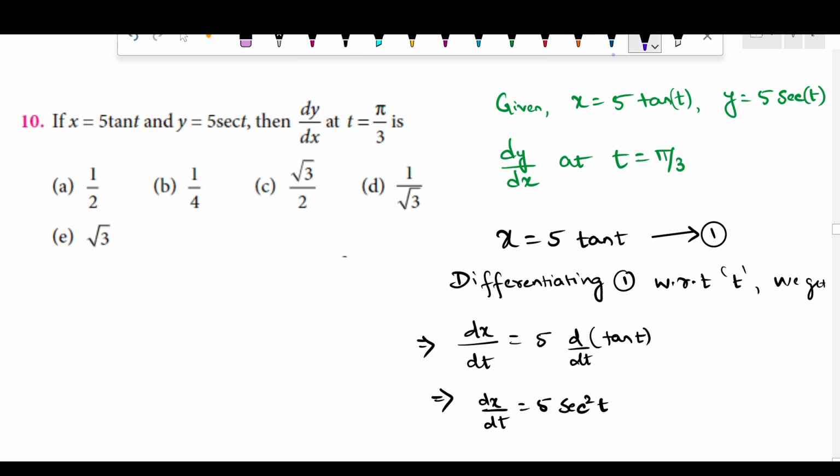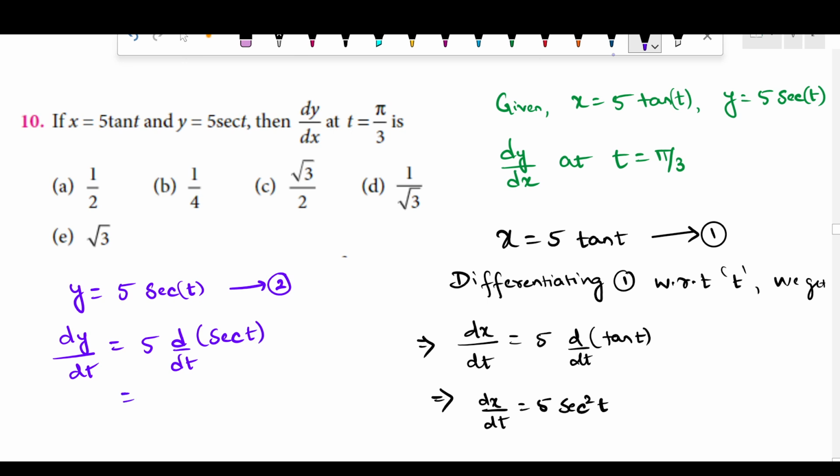Similarly, you have y equals 5 secant t. Name this as equation 2. Again, differentiating both sides with respect to t, you will get dy by dt equals 5 times d by dt of sec t. Now the derivative of secant t is secant t times tan t, right?